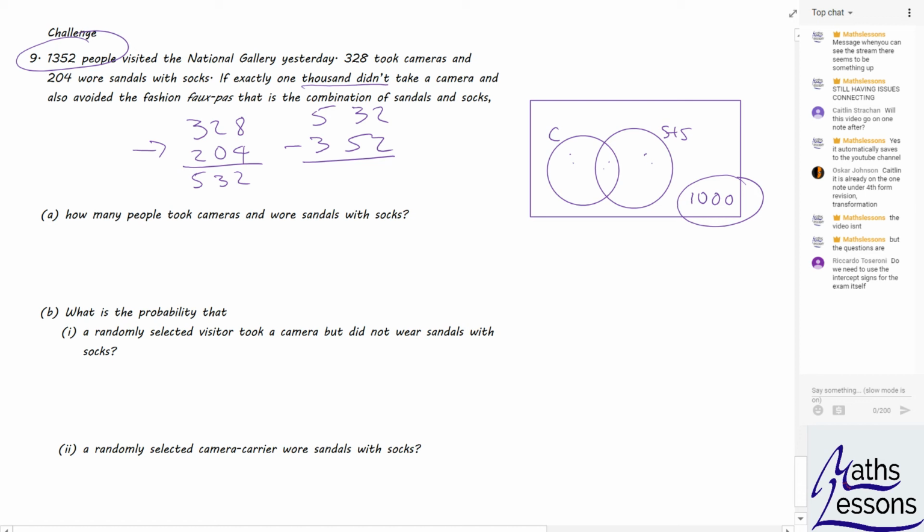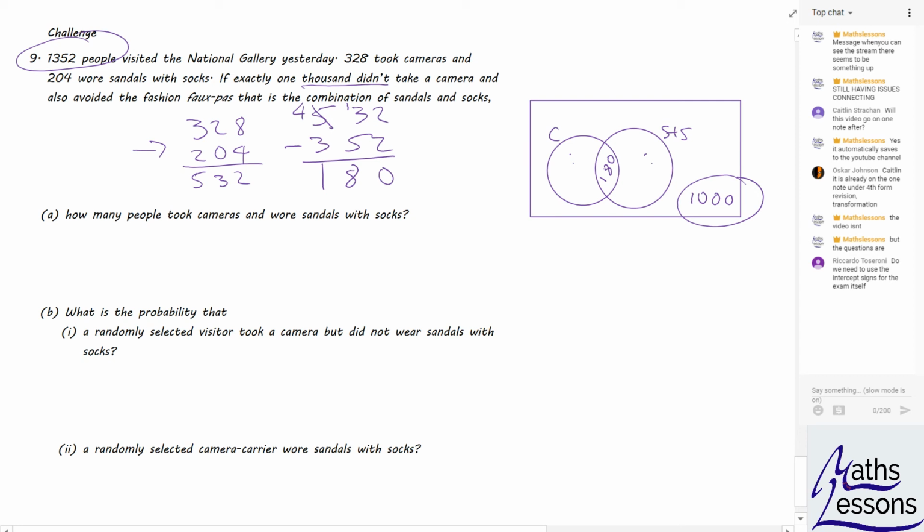So we take that away to find out what our overlap must be. So take 2 away, we get 0. Take 5 away from 3, we need to borrow 1 across. So 13 take away 5 is 8. And then, sorry, that's going to be a 4 there. 3 away from 4 is 1. So 180.